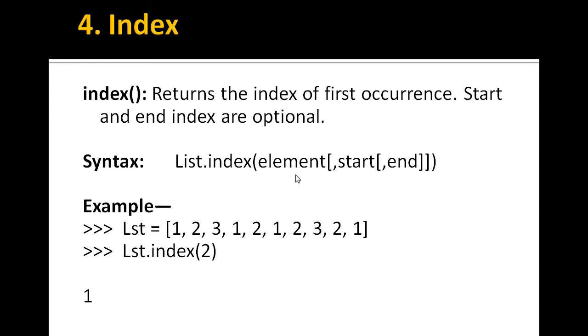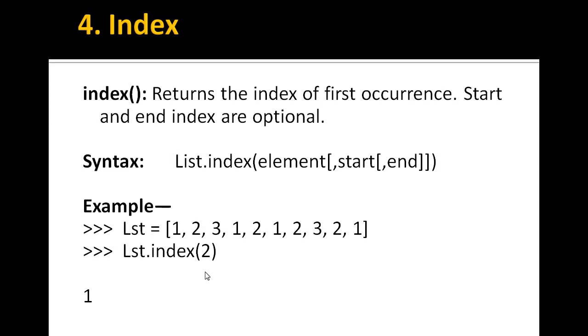This function is passed with 3 arguments: element, start, and end. Element is what you want to search for, start is the position from which you want to look, and end is the position up to which you want to look. Here start is included. So if you want to look for 2, you just pass 2 in the index function called with the list. It gives you 1 because 2 is occurring at index 1 in this list, 0, 1.